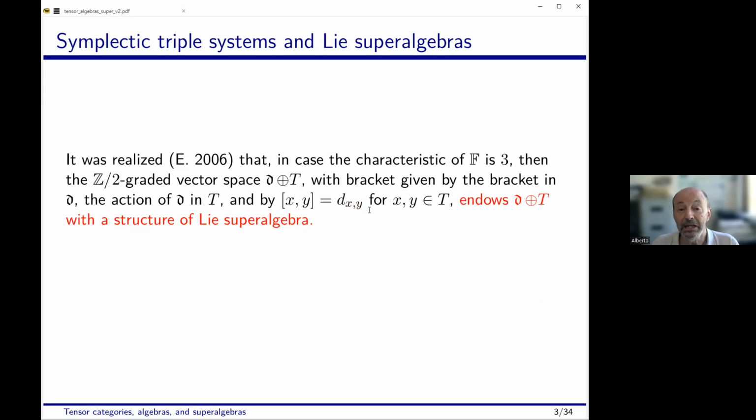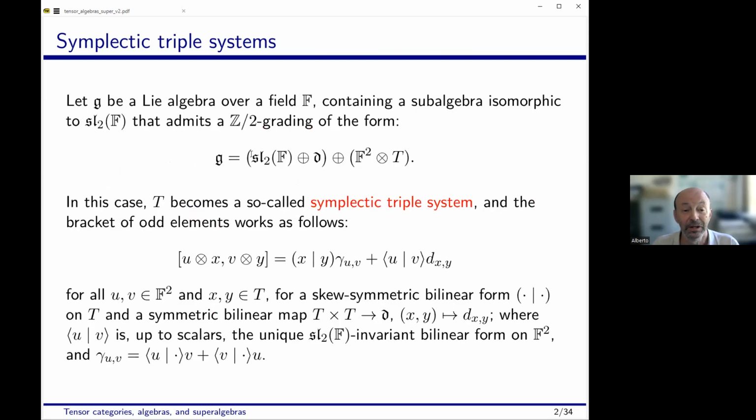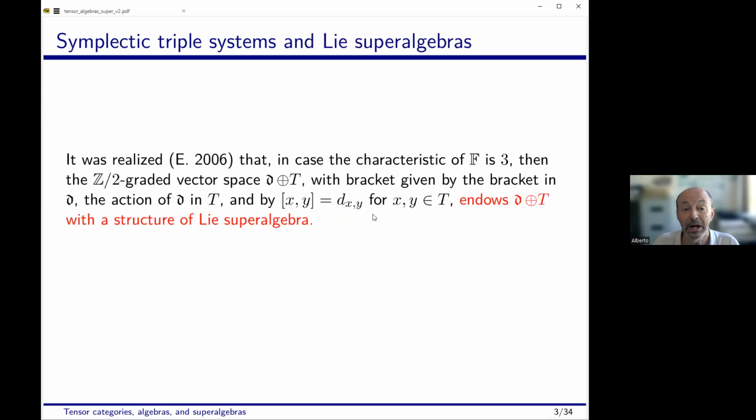And it turns out that in characteristic 3, if we play this trick of getting rid of this part and getting rid of this part, then what one gets is a Lie superalgebra. And this happens only in characteristic 3, only then.